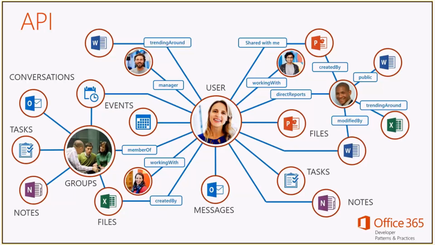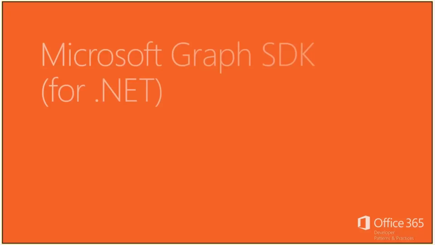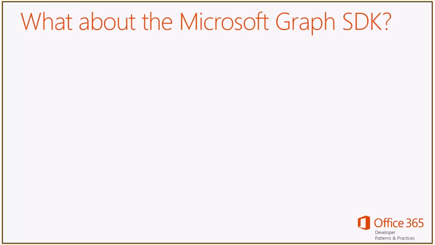So that said, now we want to see how to consume these APIs from a .NET developer perspective and from a developer perspective more in general. So let's move to the Graph SDK and let's see what it is and how it works. First of all, and probably the main information is that the Graph SDK is an open source SDK.